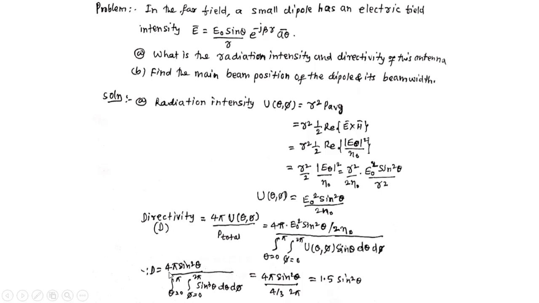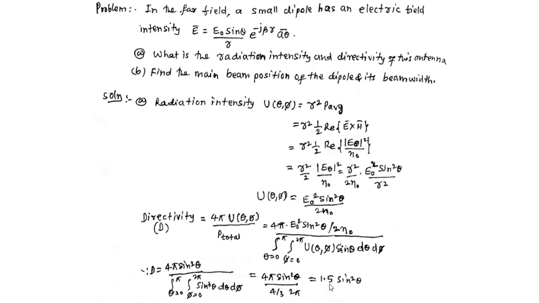Therefore, you will get D equal to 4 pi sin square theta, whole divided by the integration from theta equal to 0 to pi and phi equal to 0 to 2 pi of sin cube theta d theta d phi. This value gives 4 by 3 into 2 pi. In the numerator, you get 4 pi into sin square theta. This will give 1.5 sin square theta.